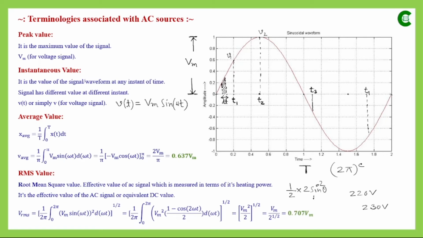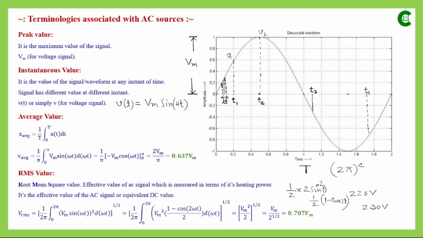Now 2 sin square theta finally has been represented as 1 minus cos 2 theta here. Then we have performed the integration, and finally if we put the limits, it will come as Vm square by 2 and then the square root value.